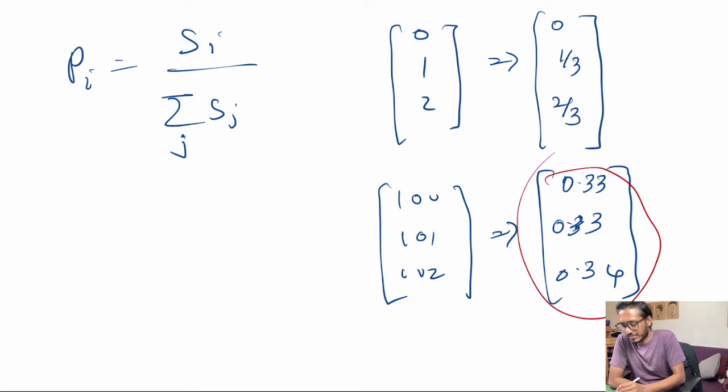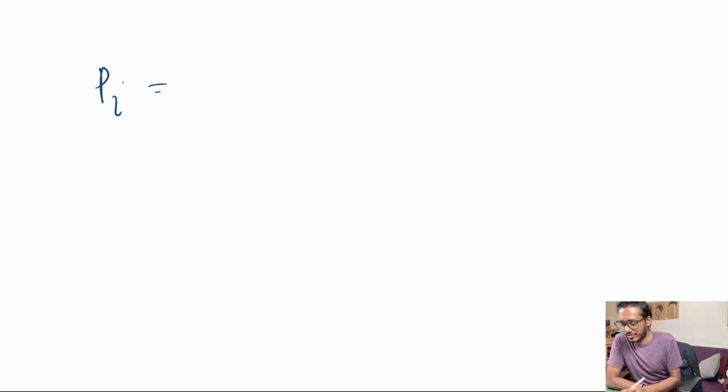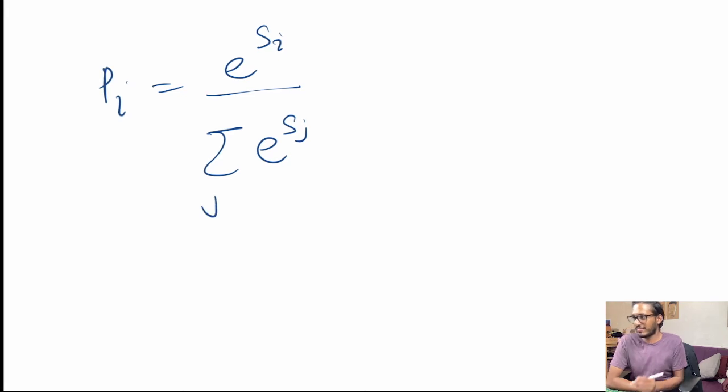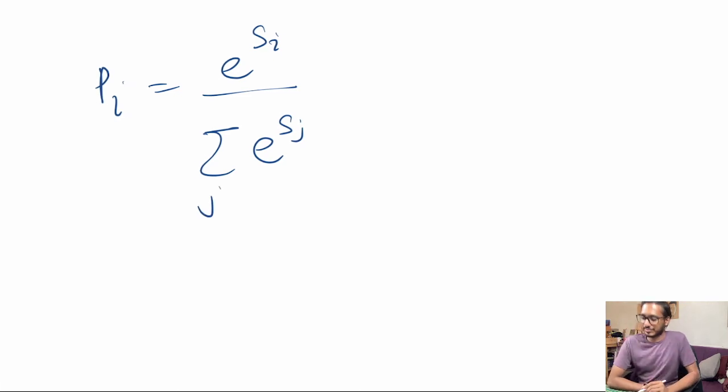So here is where we use the logistic function. We say the probability of i is equal to e to the power of Si divided by the sum of e to the power of all the scores.